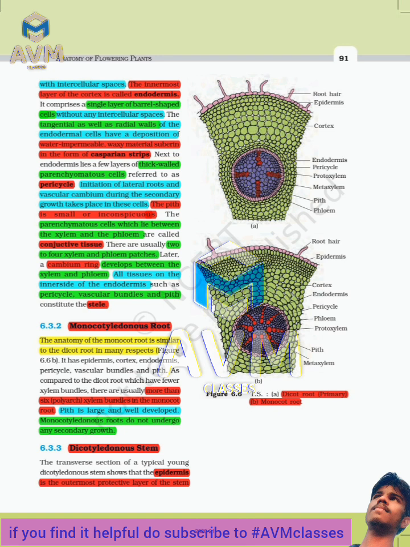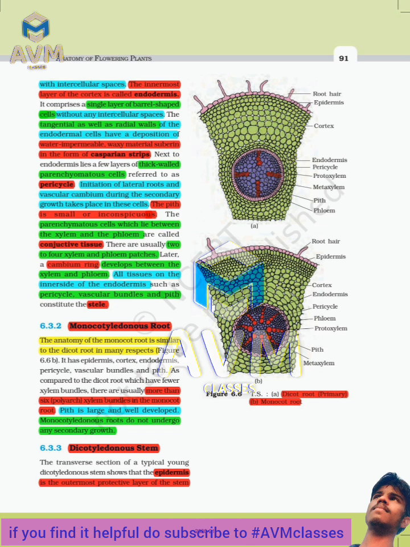It comprises a single layer of barrel-shaped cells without any intercellular spaces. The tangential as well as radial walls of the endodermal cells have a deposition of water-impermeable waxy material, suberin, in the form of Casparian strips.